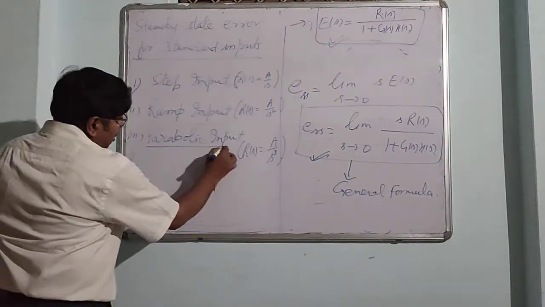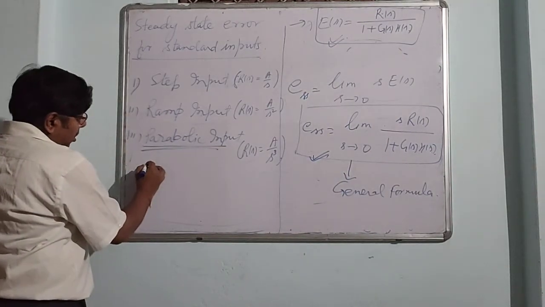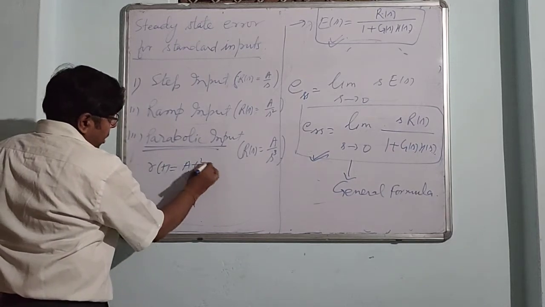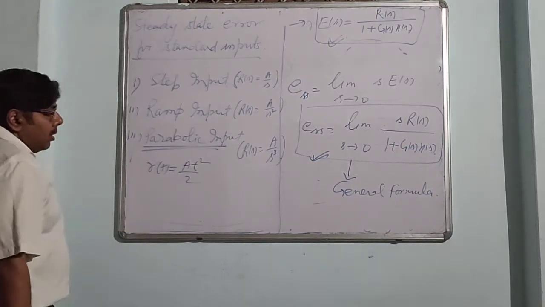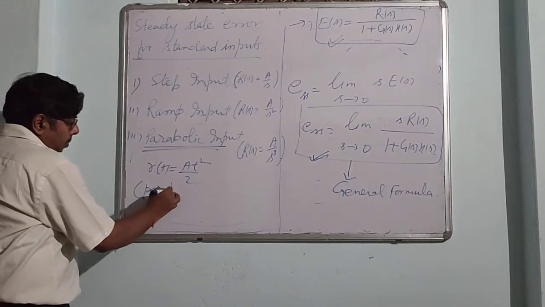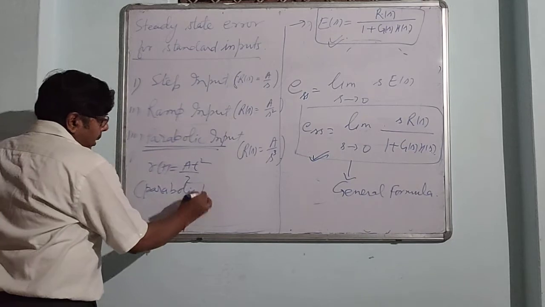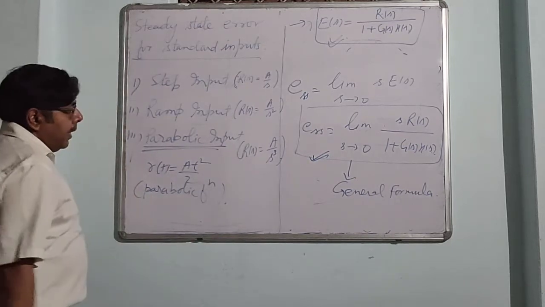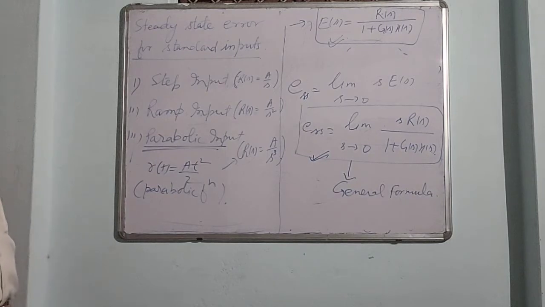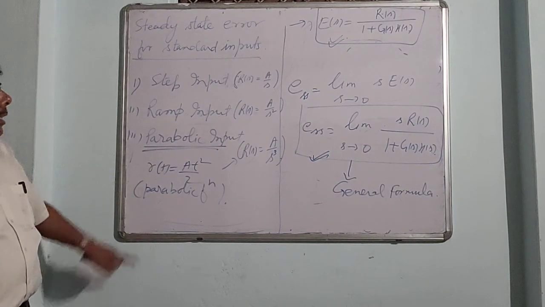Obviously, when we are talking about parabolic input, r(t) is given by At square by 2. This is the parabolic function, and in Laplace domain it is A upon s cube. So these are the three standard inputs.